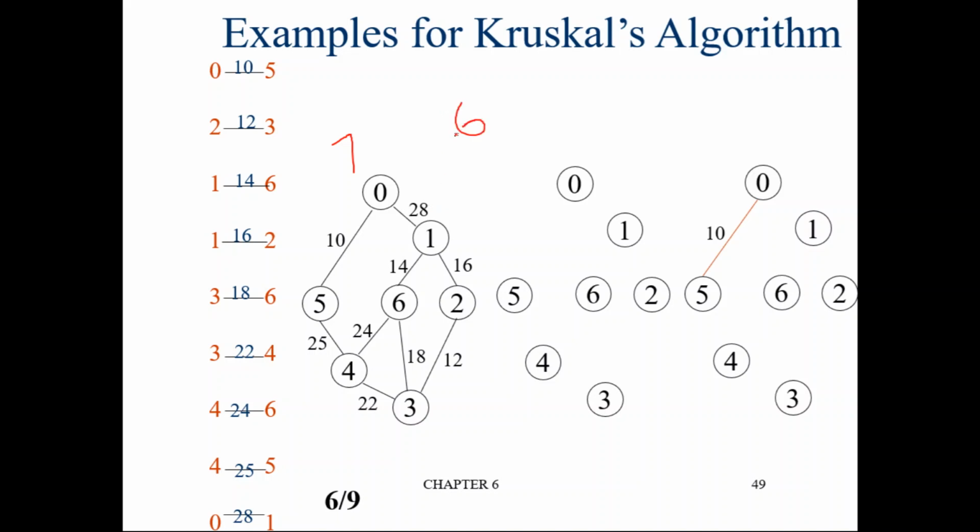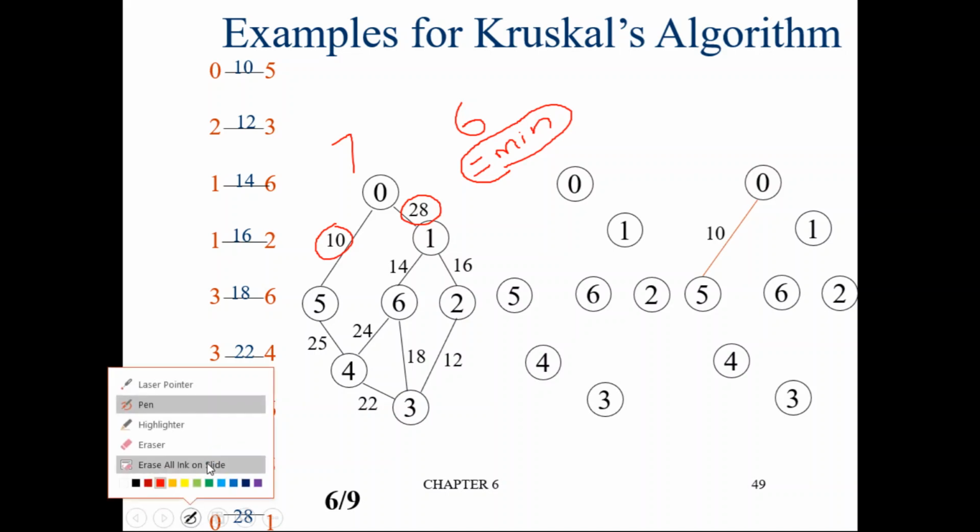Each of those edges will have a cost. If you add the edge costs, that total should be the minimum possible. There should not be any other spanning tree with cost less than that. Such a spanning tree is called a minimal cost spanning tree.